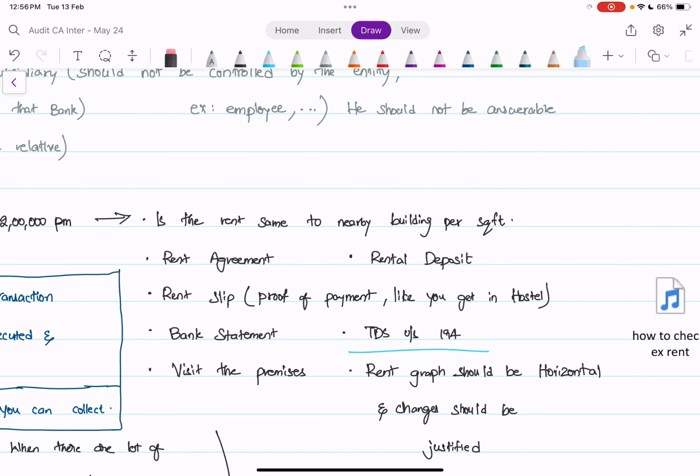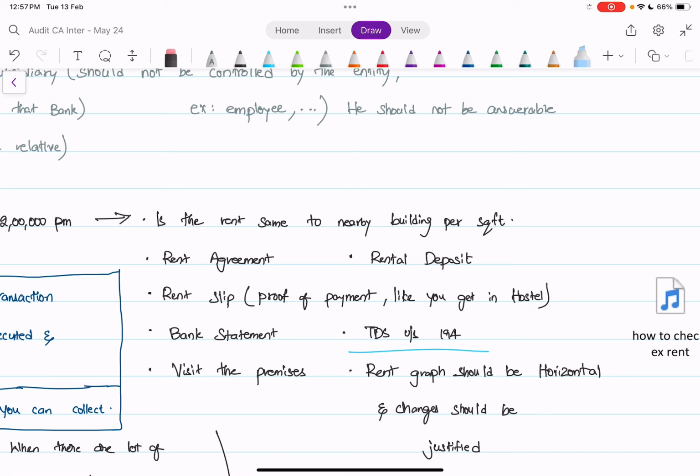Visualize how a transaction flows from start to end. So you can have an idea of what evidence you can ask the management for. The net rent for the year would be around 24 lakhs. Okay, you have seen that.